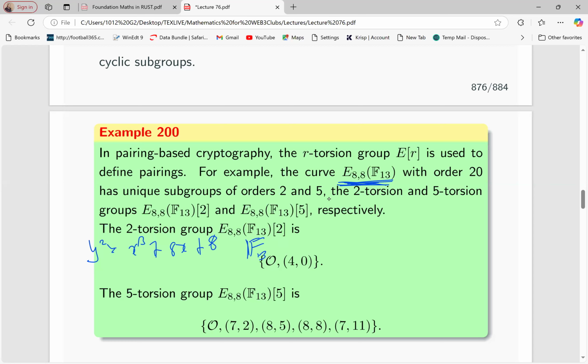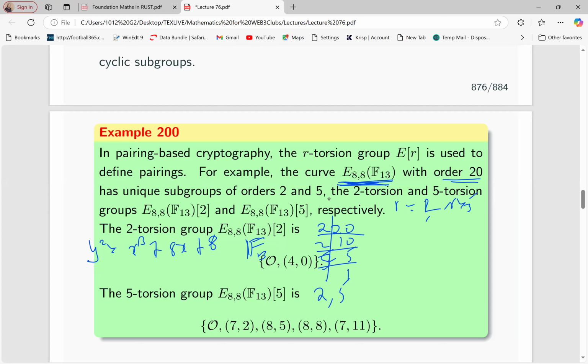So when you do it using the code we just did, you find 20 elements. And these 20 elements, what are the prime divisors? The prime divisors are 2 and 5. So that means our R is 2, another R is 5.